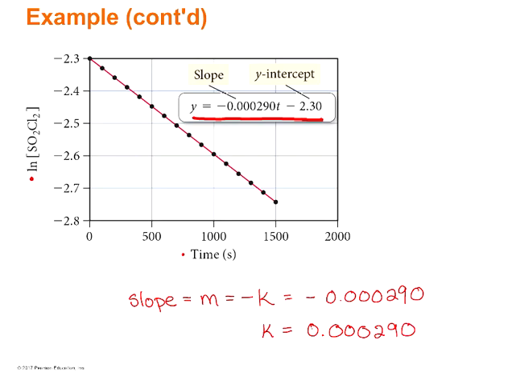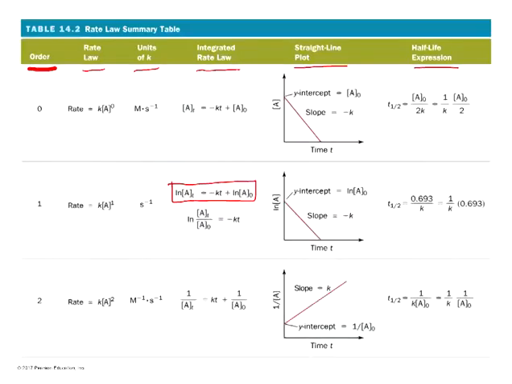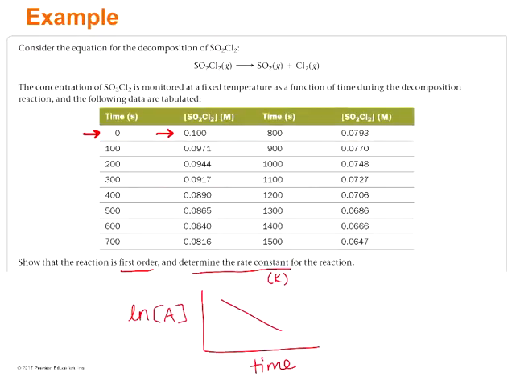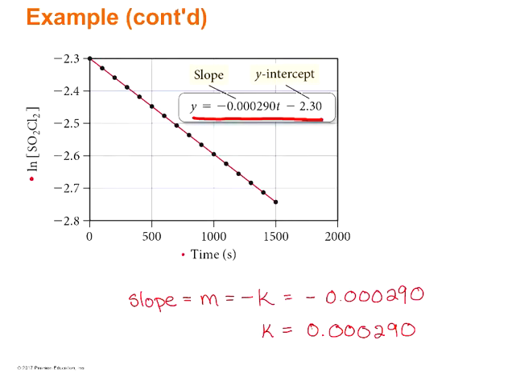So that's always a little tricky. Let's go back to our summary table. So the units of K for a first order reaction is inverse seconds. So we can write that next to our value of K. All right, not too bad, right? Especially when they plot the graph for you.